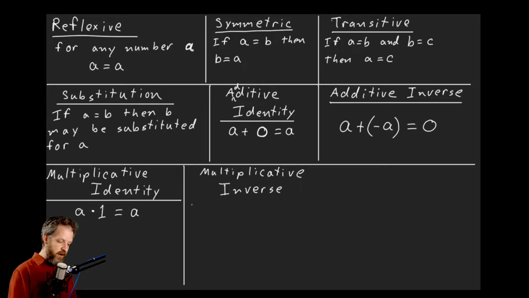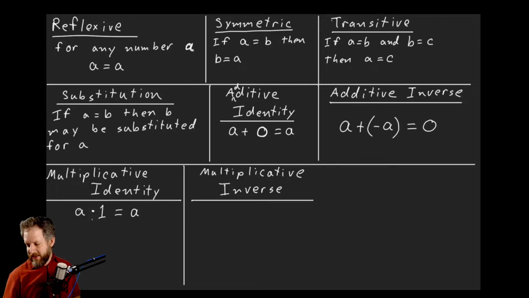So the same thing works for the multiplicative inverse. What can make it go away? Well, we need to make it turn into the identity, right? So what can we multiply times a number and turn it into 1? This one may not be quite as obvious if you've not seen it before.